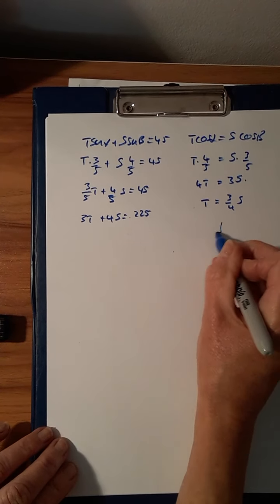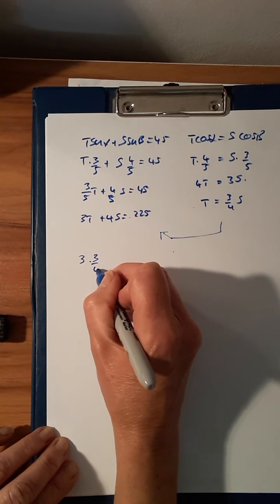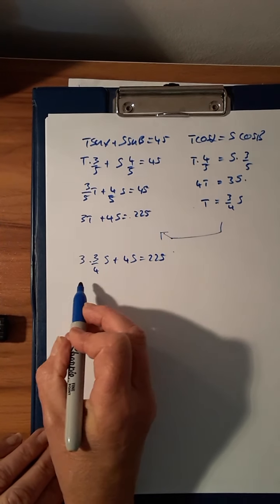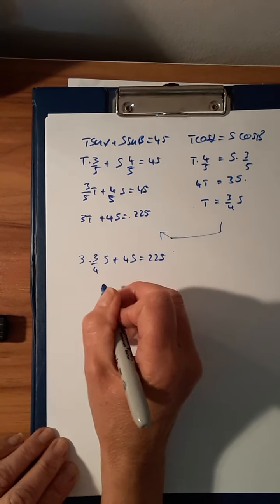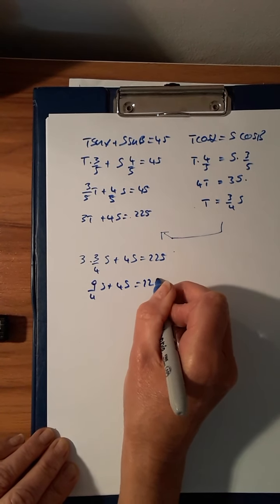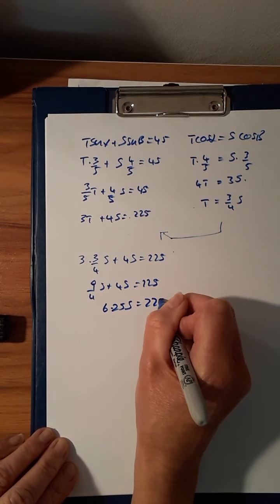Okay, so I'm going to sub that now in here, and this will give me 3 times 3/4 s plus 4s equals 225. So that's going to be 9 over 4 s plus 4s equals 225, which will give me 6.25 s equals 225.